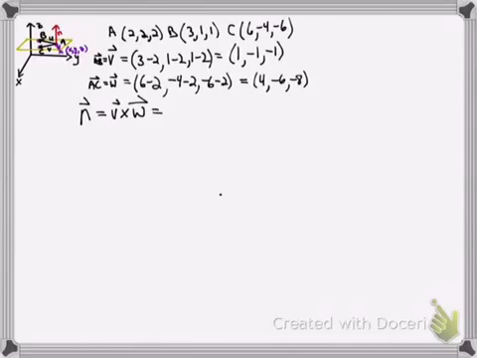Alright, so we can set those up, and I'm just actually going to do it this way, where we do the I vector. And so we'll have negative 1 there, negative 6, negative 8, and we'll have the J vector. So we subtract the J vector, and that will be 1, negative 1, 4, and negative 8.